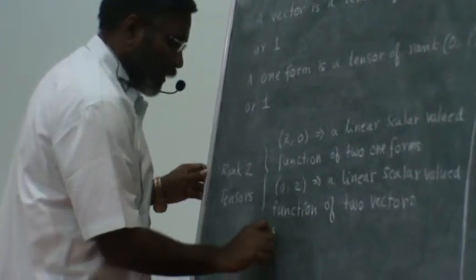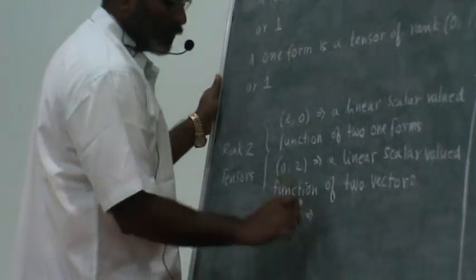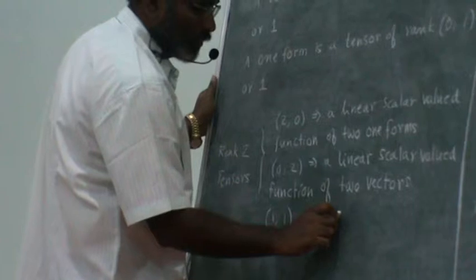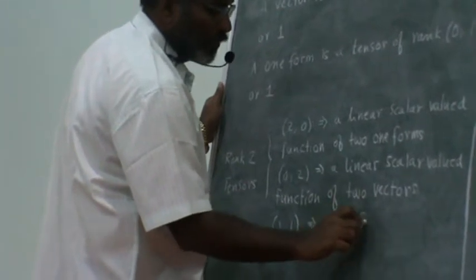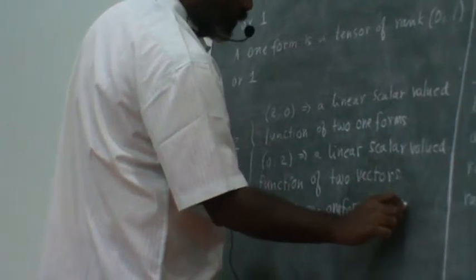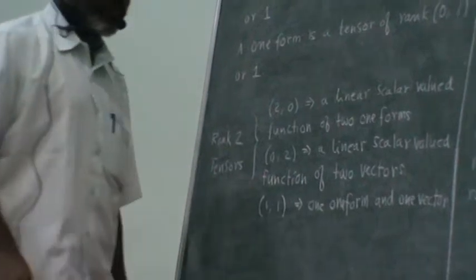And then I have (1, 1). That is one form and one vector. Okay, it's a linear scalar valued function of one form and one vector.